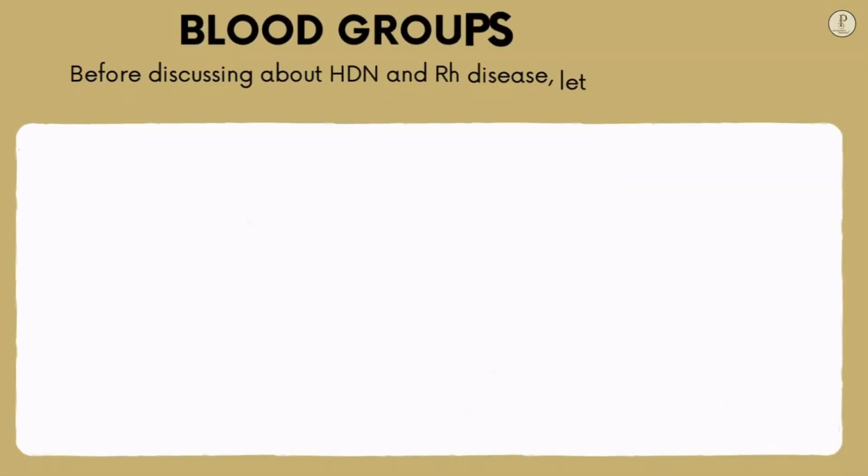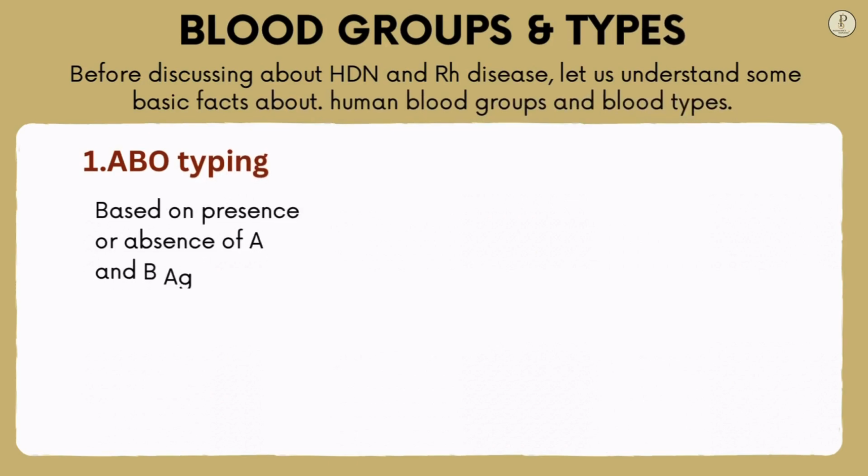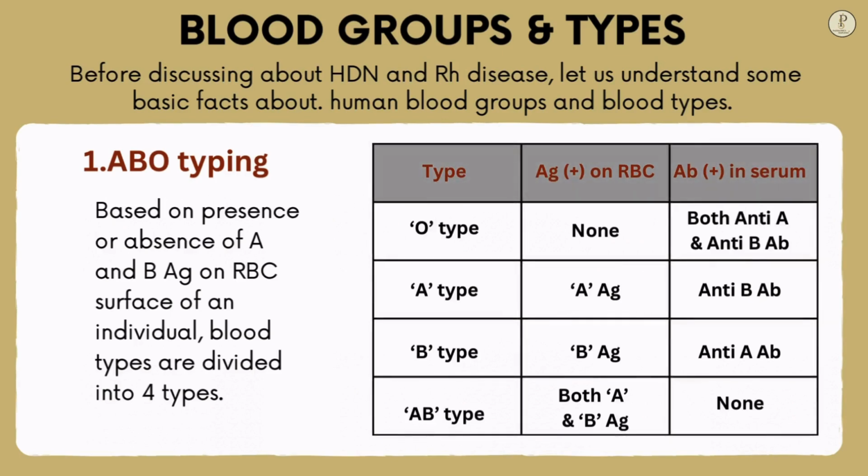Blood groups and types. Before discussing HDN and Rh disease in detail, let us understand some basic facts about human blood groups and types. ABO typing. Based on the presence or absence of A and B antigen on the RBC surface, an individual's blood type is divided into 4 categories: O type, A type, B type and AB type. The antigen present on the surface of RBC on O type is none, on A type is A antigen, on B type is B antigen, and on AB type is both A and B antigen.